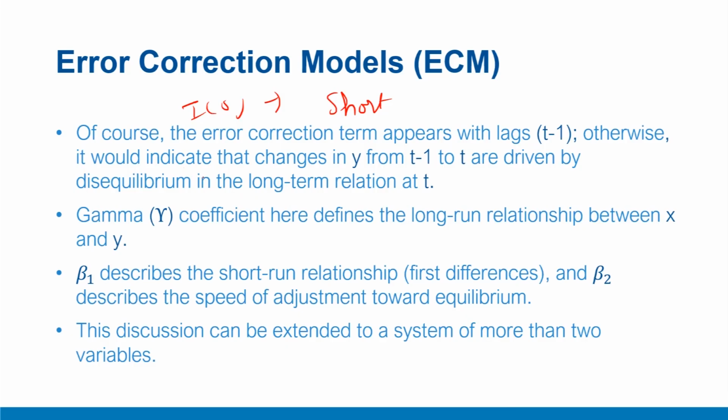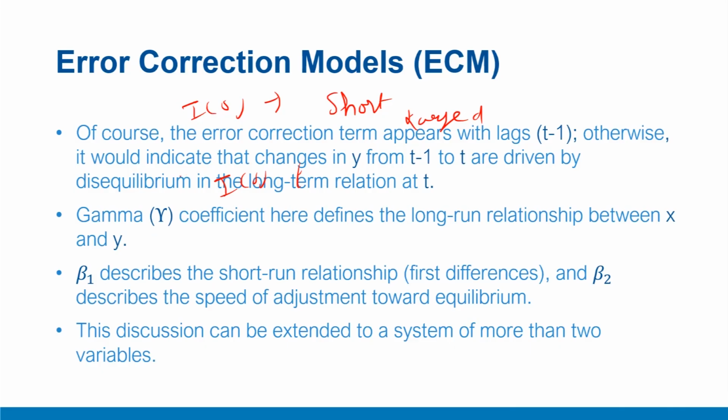So only if a system of variables is co-integrated does there exist a modeling approach called error correction models, where we use a combination of first differences, or change levels, which are I0, plus the long-term relationship which is co-integrated, in the form of lagged variables, and combine them to get a family of models called error correction models.